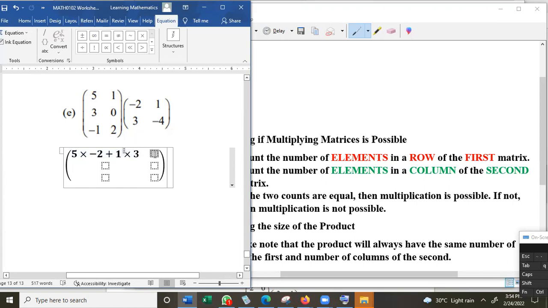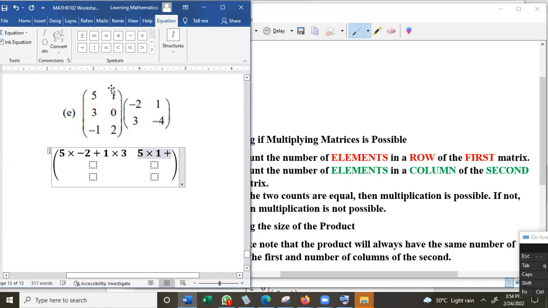So 5 times what? It's that same row, but now we're on the second column. 5 times 1 plus, we're using that same row.